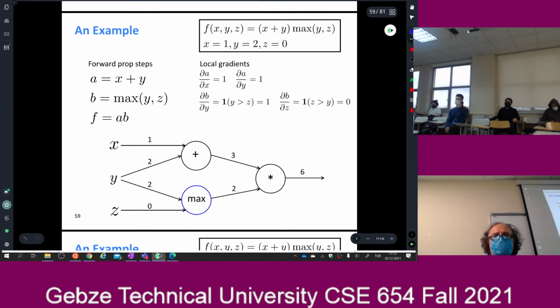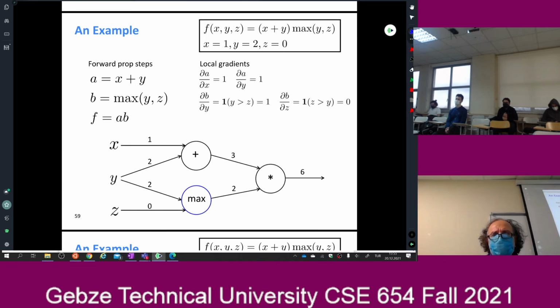The derivative of b with respect to z is going to be 1 if z is greater than the maximum of y and z.